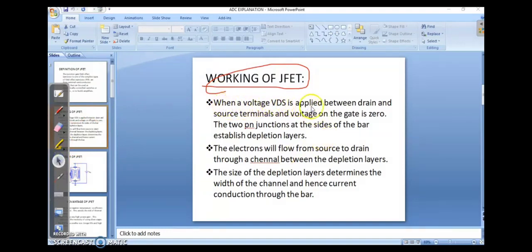When a voltage VDS is applied between drain and source terminals and the voltage on the gate is 0, the two PN junctions at the sides of the bar establish depletion layers. The electrons will flow from source to drain through a channel between the depletion layers. The size of the depletion layers determines the width of the channel and hence the current conducting through the bar.